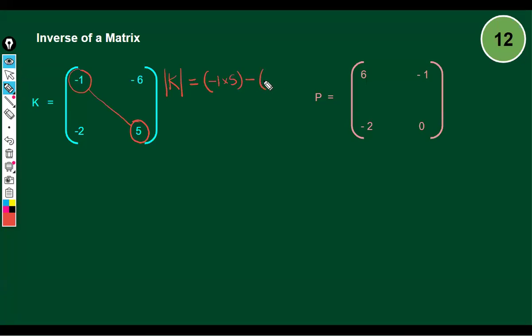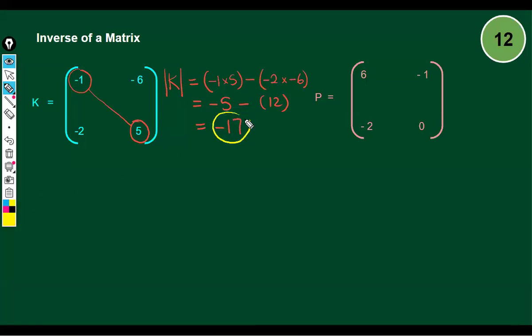I'm working it out a little bit faster. I think I could probably skip these steps now where I refresh your memory on all the signs. Minus 5 minus positive 12. I'm getting minus 17 for the determinant. Look at the working. You should be able to spot your mistake. It's minus 17. But we're not finished.